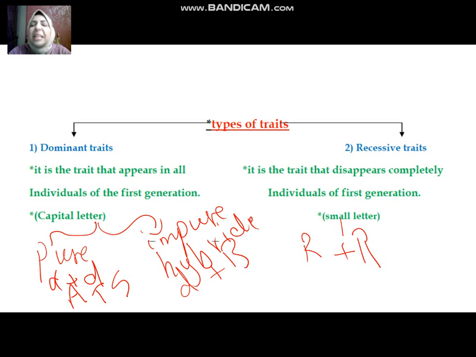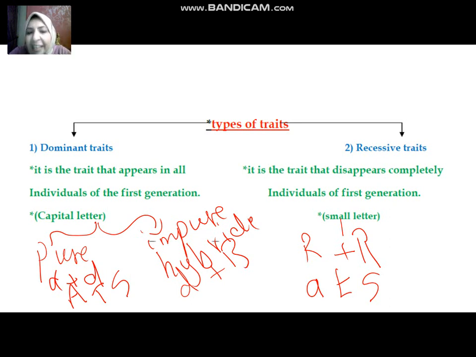If we write the same letter but small, A small, T small, S small, this gene is a recessive gene.